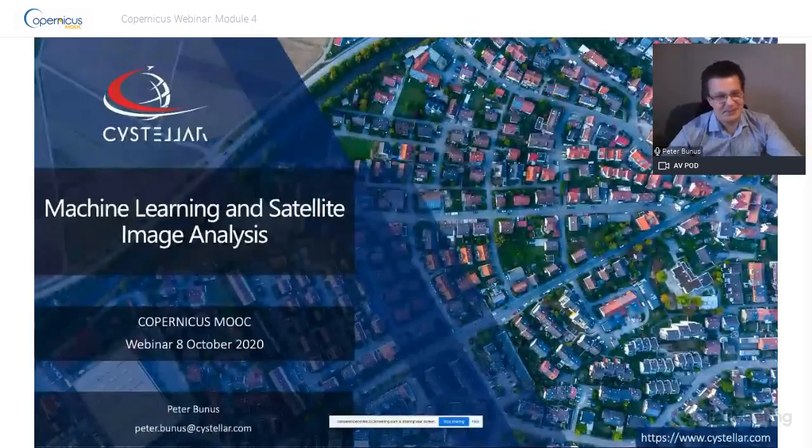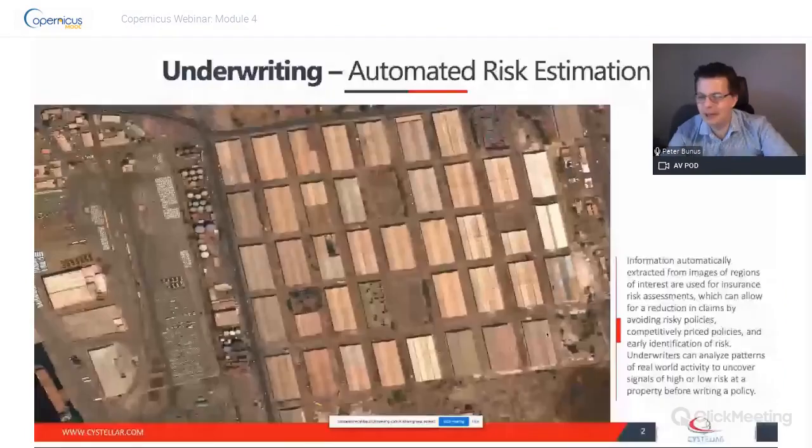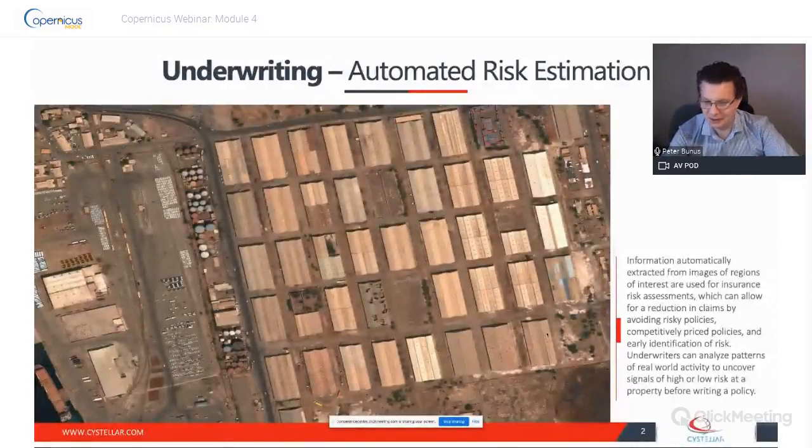Because I guess this is why you are here in this course, to learn about satellite image analysis. And as you probably remember from my presentation during the course, we are using satellite image processing in connection with insurance applications.